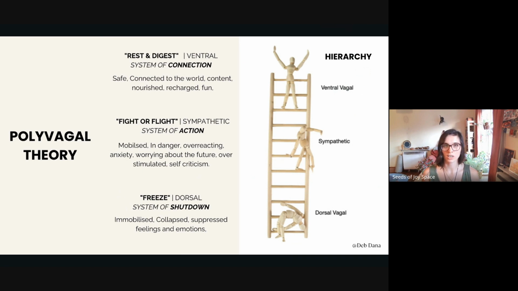So there is danger, and we have this fight or flight response to keep us safe. So there is danger, and we want to run away. Or if we feel that we can fight with them, we will fight. That's why it's called fight or flight. So there's two options there. We either fight or we flight.